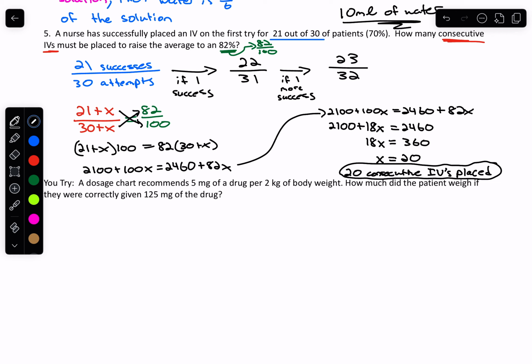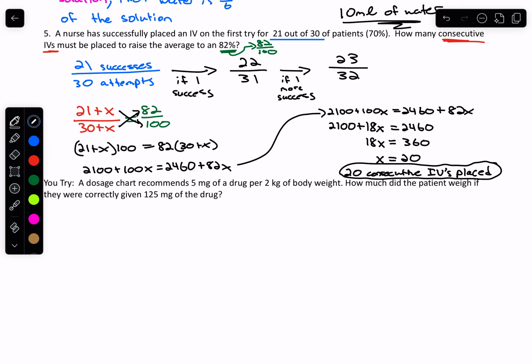All right, it says a dosage chart recommends 5 milligrams of a drug per 2 kilograms of body weight. How much did the patient weigh if they were correctly given 125 milligrams of the drug? So we have one ratio of 5 milligrams of drug to 2 kilograms of body weight.